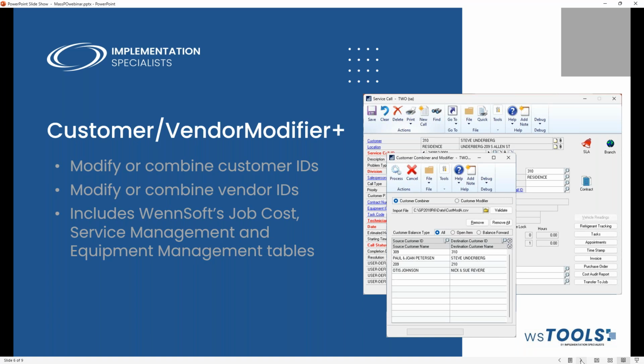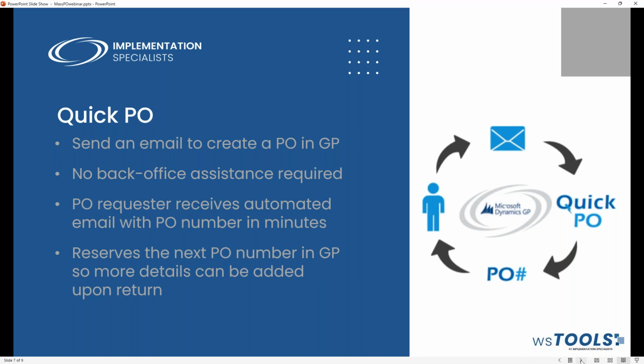And the last one I have out here is a quick purchase order, Quick PO. If you have people out in your field and they're at a store and they want to buy something, but they need to provide a purchase order number, what they can do is send an email to a designated email box, and it'll create that header record for them in GP and kick back to them the purchase order number so that they can give it to whatever store they're in and move forward.